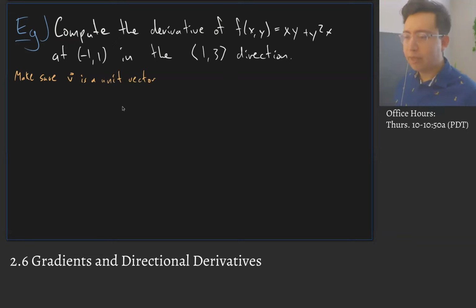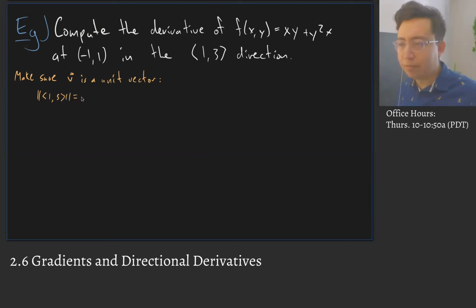Okay. And so we're going to just compute the norm of this guy. So we compute the norm of (1, 3). We take the square root of 1 squared plus 3 squared, which is clearly not going to be 1, because this is the square root of 10.